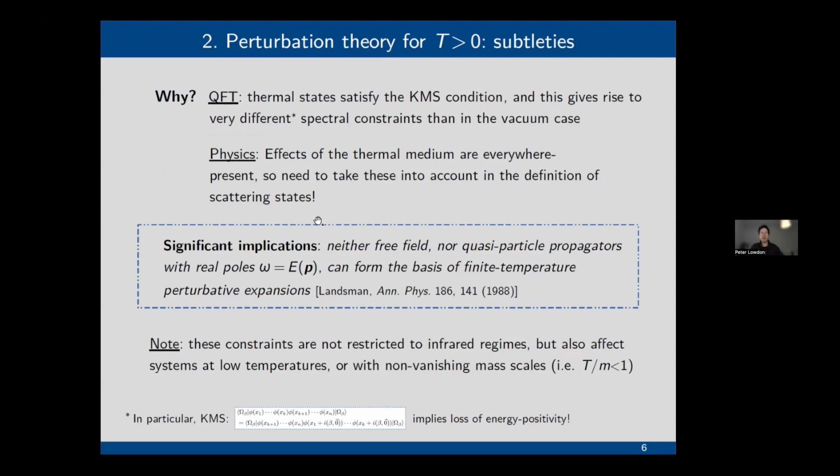So what's interesting about this is that this is not restricted to infrared regimes. This is also true at low temperatures, and also true for non-vanishing masses as well. So this is not restricted just to massless theories. This is a very general constraint that comes from the fact that now you have this KMS condition in your system.